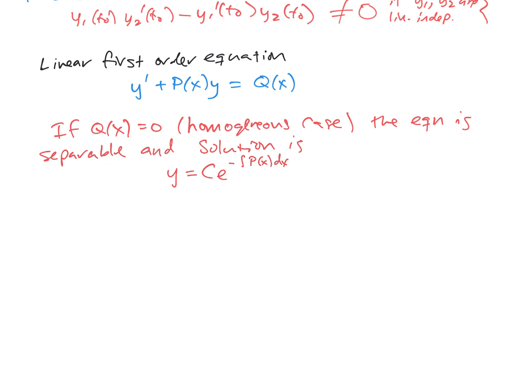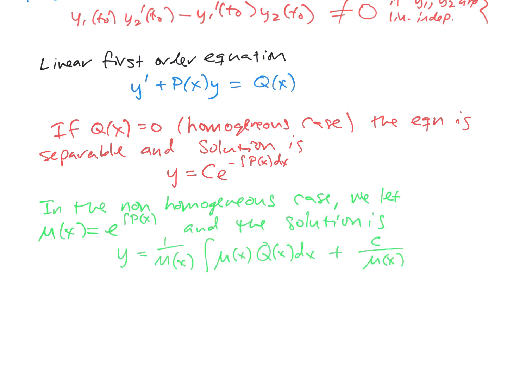Now, if q of x is not equal to 0, in the non-homogeneous case, we define an integrating factor and we let mu of x be e to the integral of p of x. And the solution is y equals 1 over mu of x times the integral of mu of x q of x, plus a constant, over mu of x.